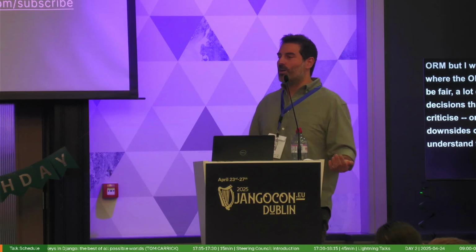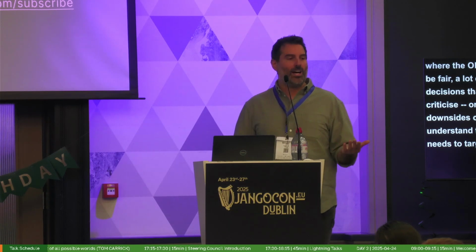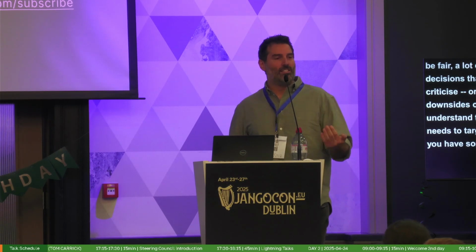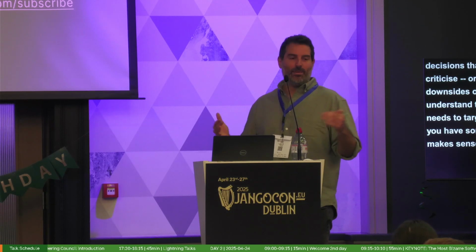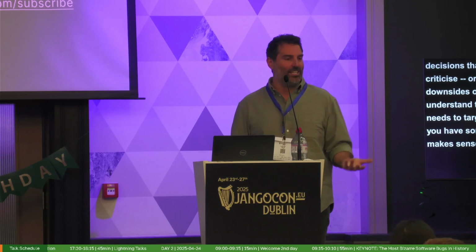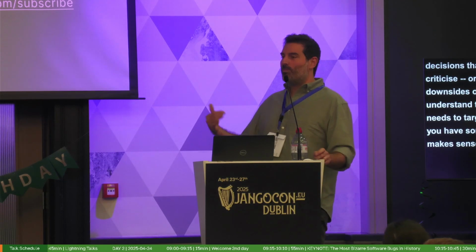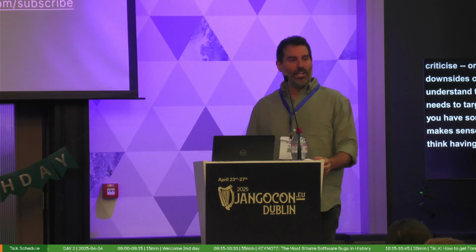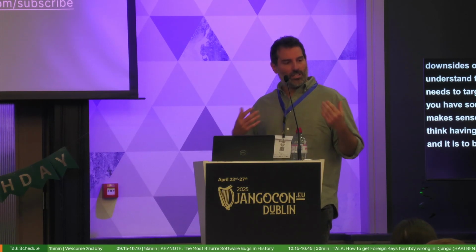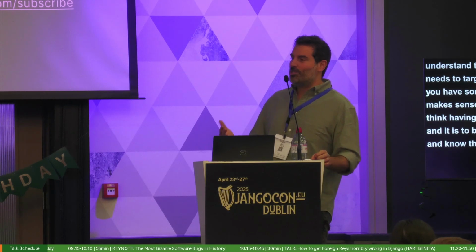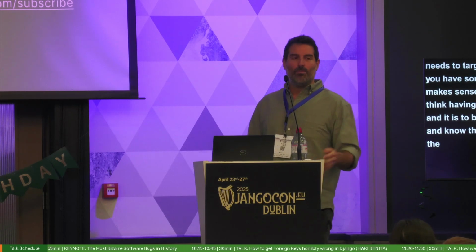If you have something that is correct 80% of the time, it makes sense to set this as the default. So I don't think that having db_index=True on foreign keys is a bad idea. I'm just saying that at some point you need to be aware that this is what's happening and know the limitations, the default values and the implicit behaviors of the ORM so you can adjust them to get the most out of them.